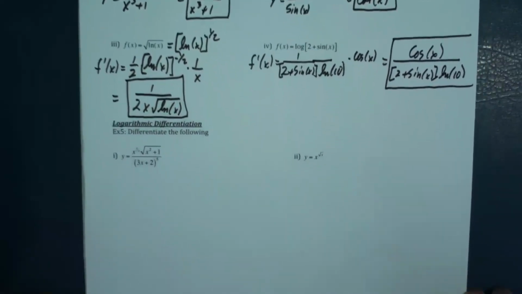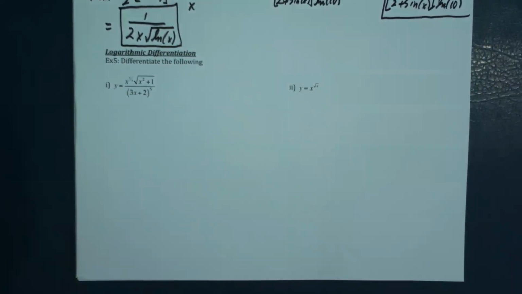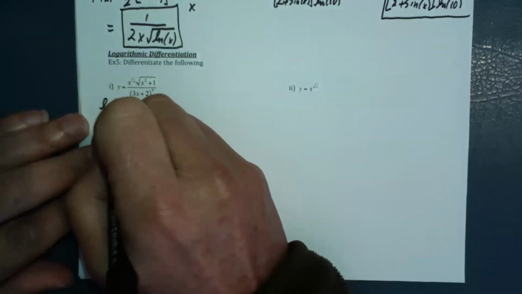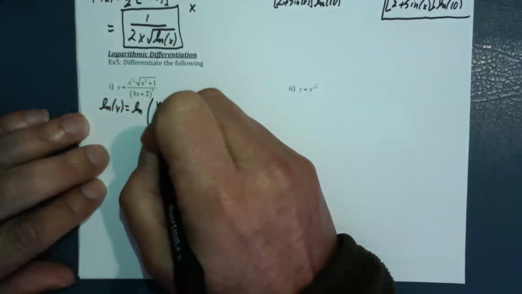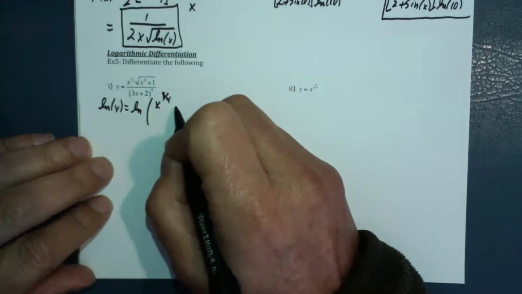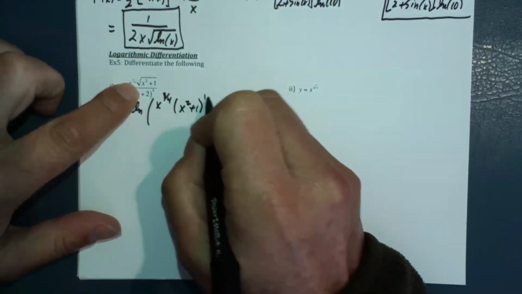Next up, we're going to do something called logarithmic differentiation. What that means is I'm going to take the logarithm of both sides of this equation here. You can take the log of any base that you want. It's going to be way easier to just stick with base e. And I'm going to rewrite that as x squared plus 1 to the 1/2.